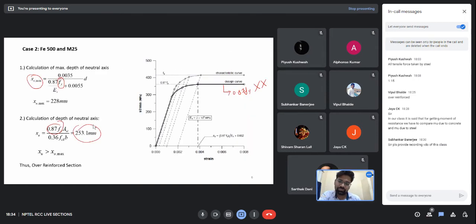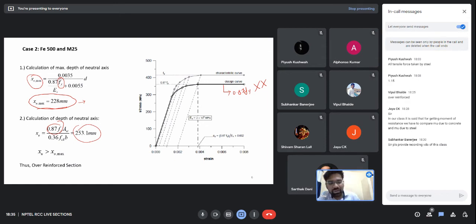See, this is the answer. The maximum depth of neutral axis we got is 228. So this is for the balanced section. The limiting moment of resistance, you will calculate by using this XU only. But that XU value you are calculating by assuming some Fy value, that it is the yield stress.